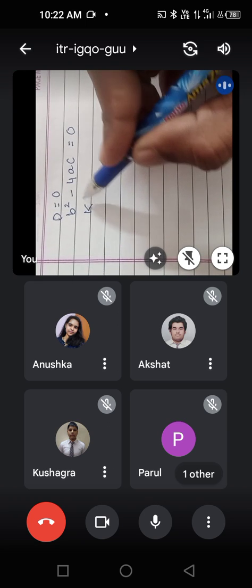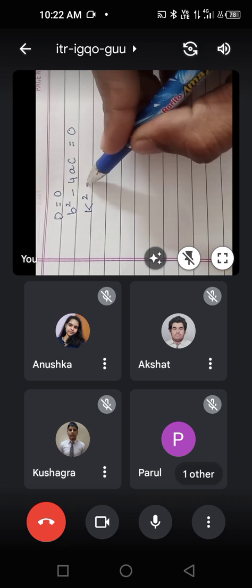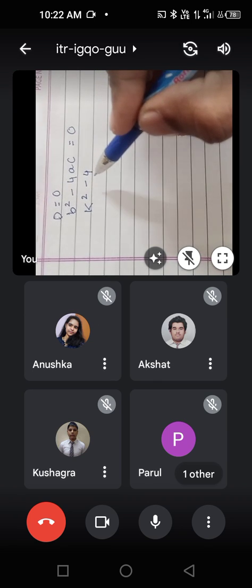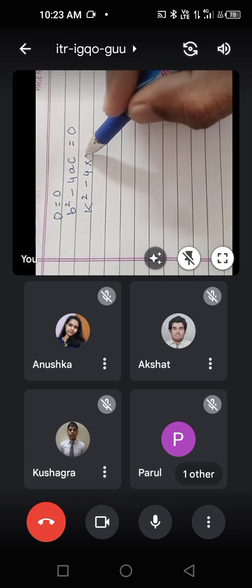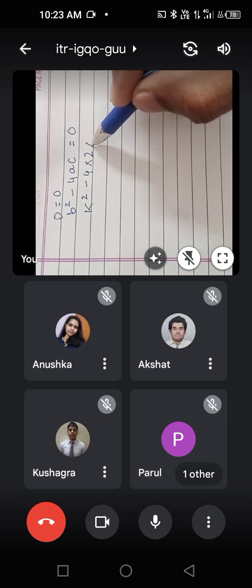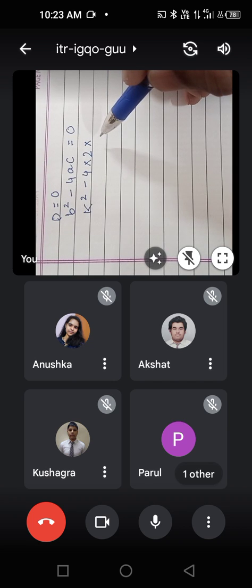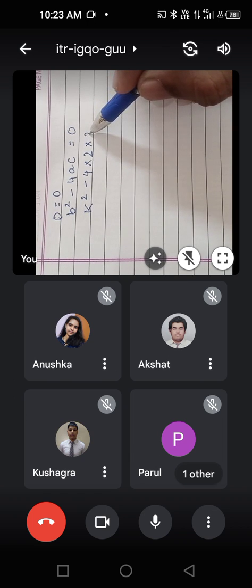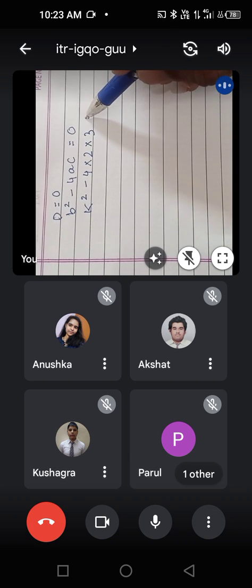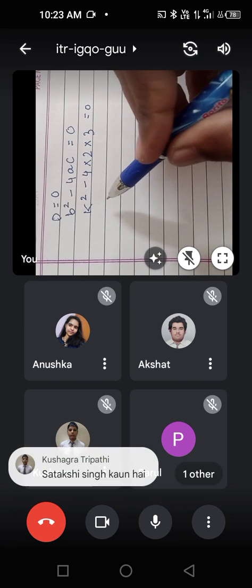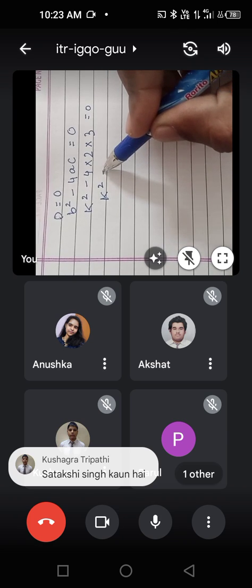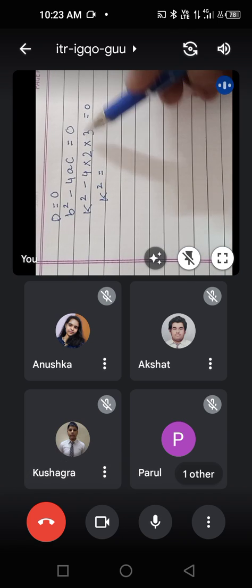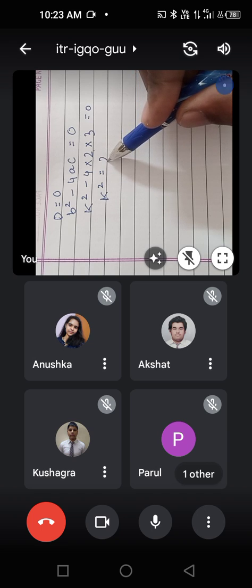So that will give you k square minus 4, the value of a is 2 and the value of c is 3. That should be equal to 0. This gives you k square is equal to 4 into 2, 8, 8 threes are 24. 24 here.